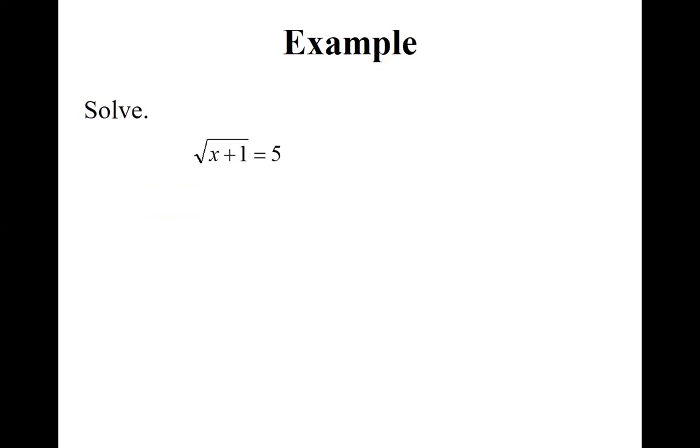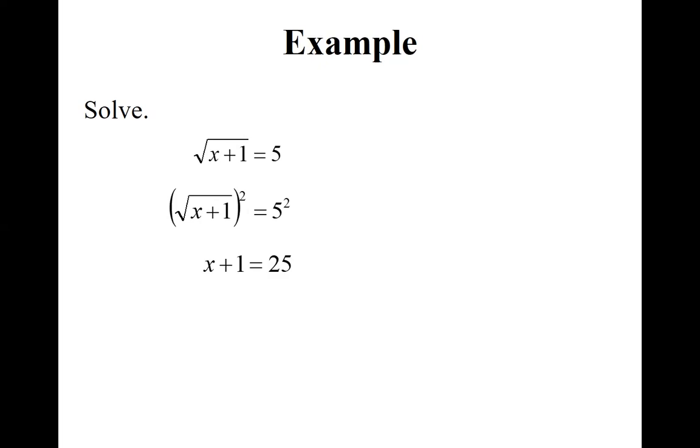Let's solve radical x plus 1 equals 5. Well, we're going to go ahead and square both sides, because squaring will get rid of the radical. The radical squared is x plus 1. 5 squared is 25.